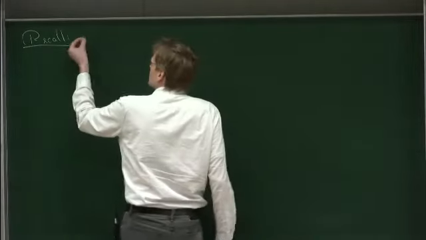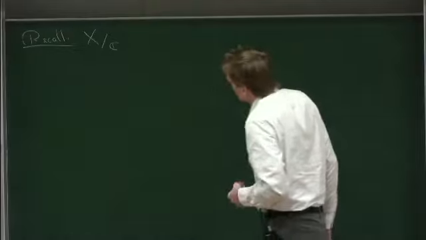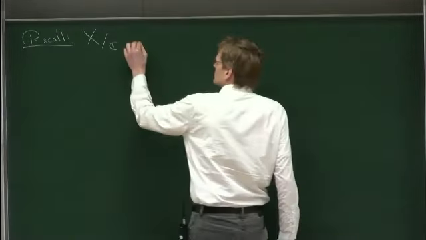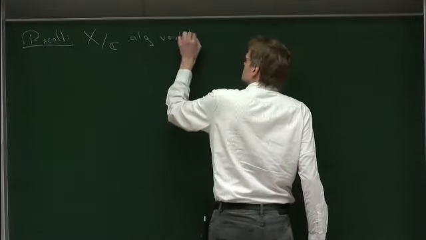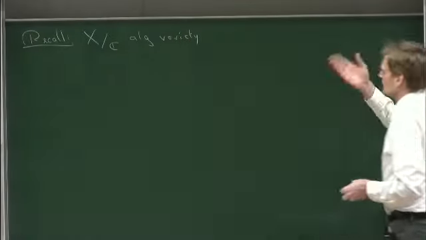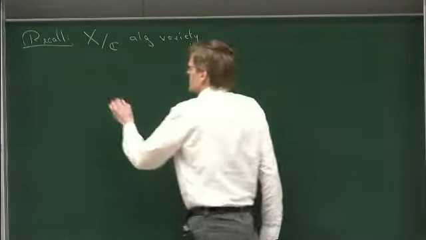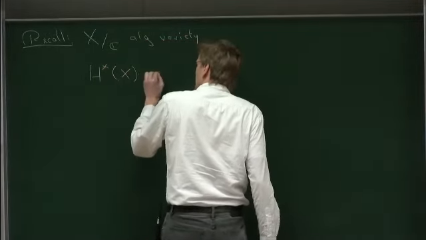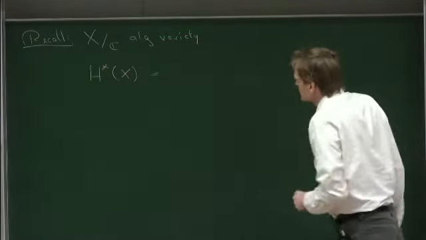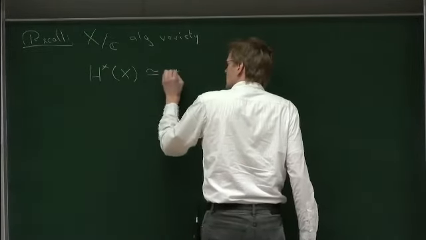Okay, so recall that if we have an algebraic variety over C, then its cohomology has the extra structure of having a Hodge structure.